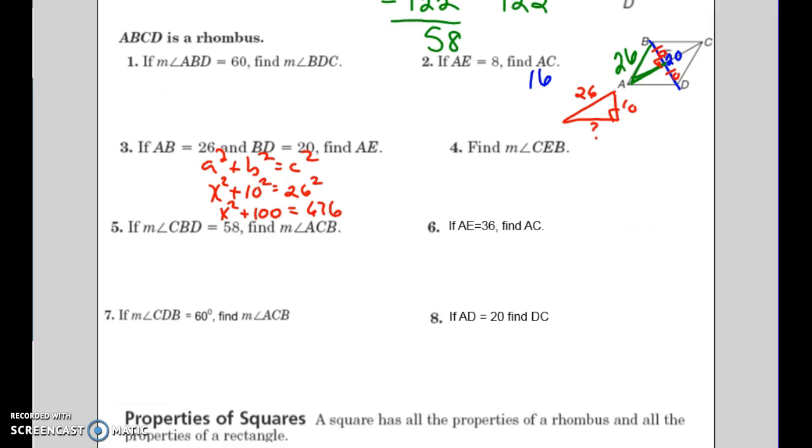Is that right? Then what would I do? What would I do next? When you subtract 100. Good. Subtract 100 from both sides. So x squared is equal to 576, and then I would take the square root. So I believe that x equals 24, if I remember correctly. Are we okay?